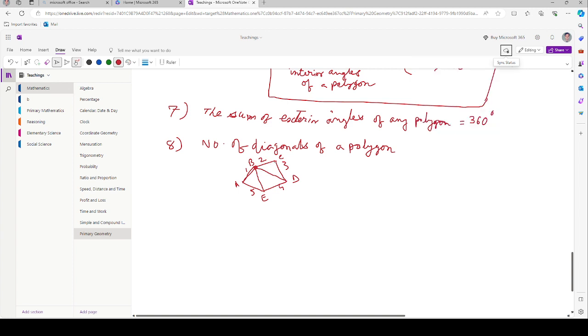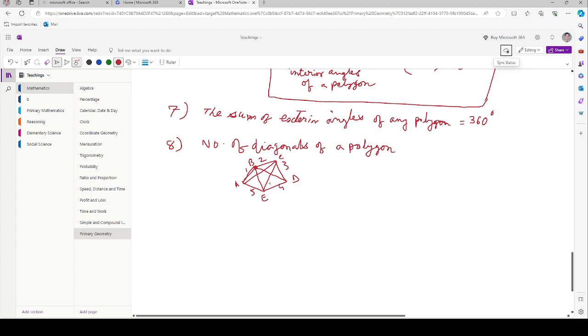Okay. If we take vertex C, then CA and CE are another 2 diagonals. So now you will understand what the diagonals are.